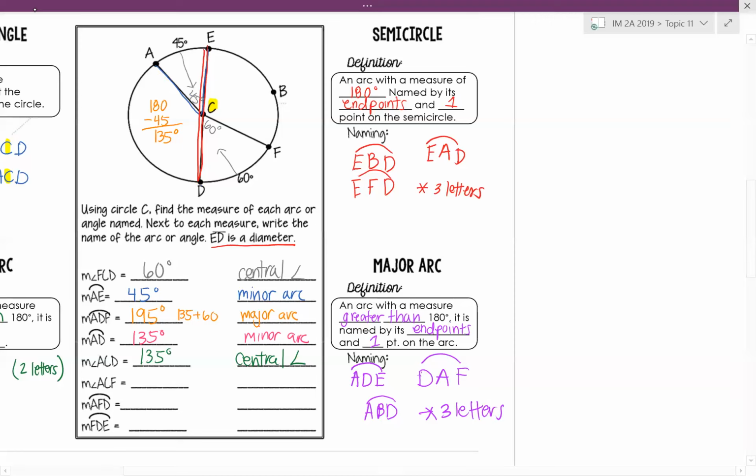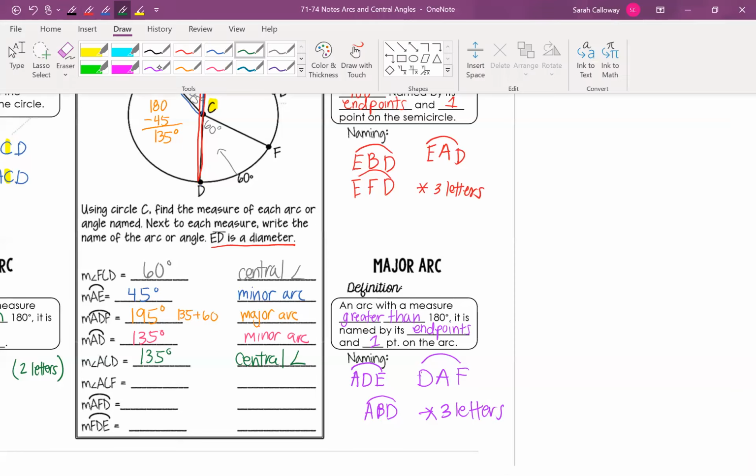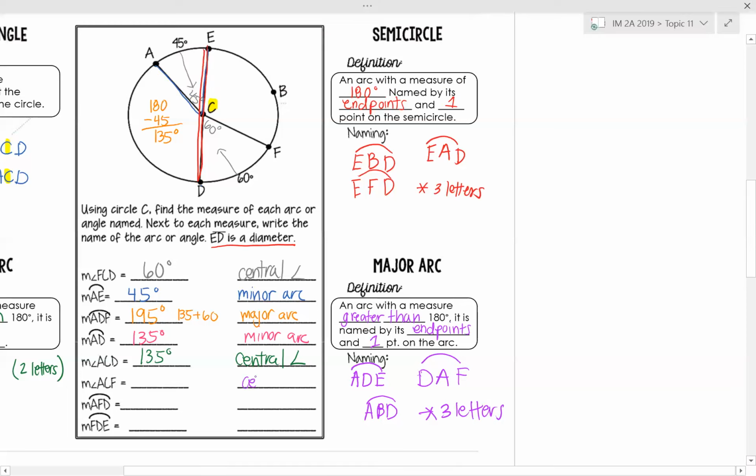So then looking at the notation, I know that this next one is also a central angle. To find the measure, I have from A to C to F. So this angle here, ACF. This one uses that last wedge that we don't know how much it measures just yet.